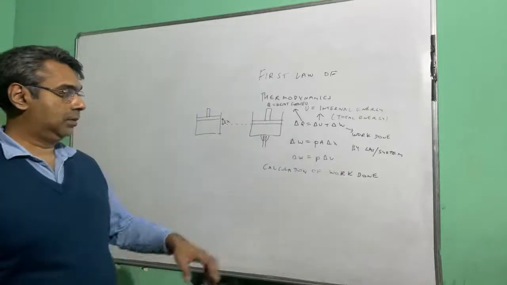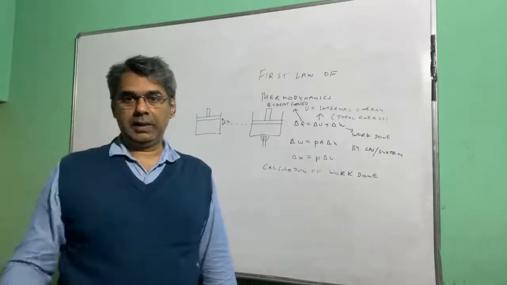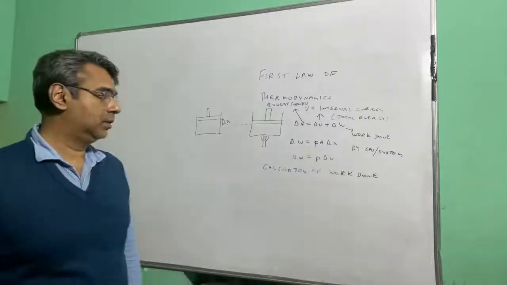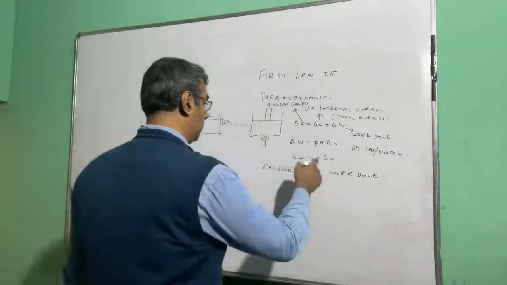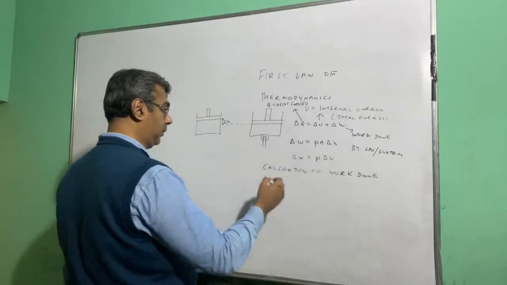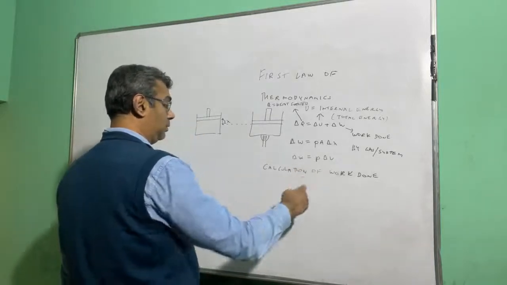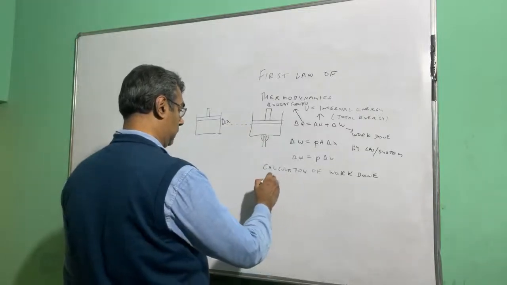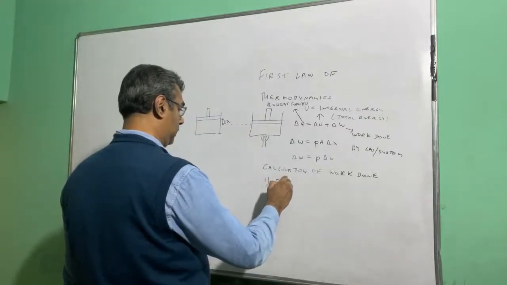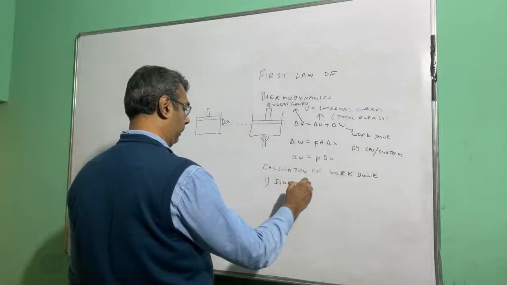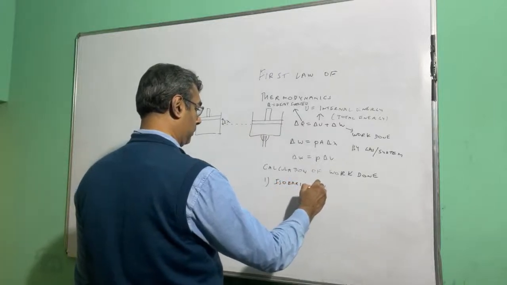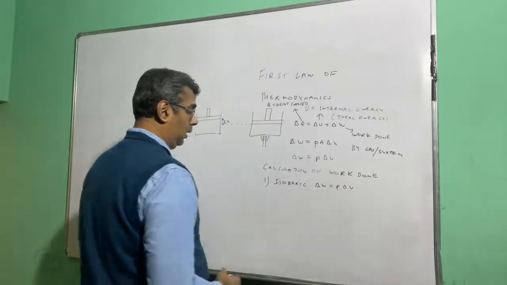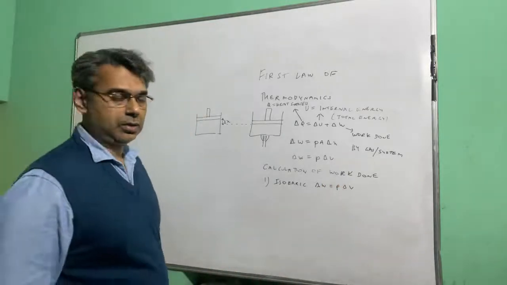Now, suppose we want to solve this work done, delta W equals P delta V, completely. So delta W is P into delta V. In that case, first, if it is isobaric, isobaric means pressure is constant.